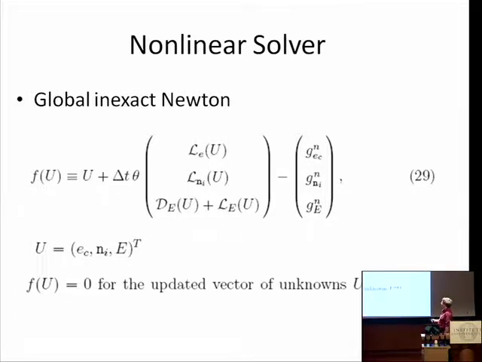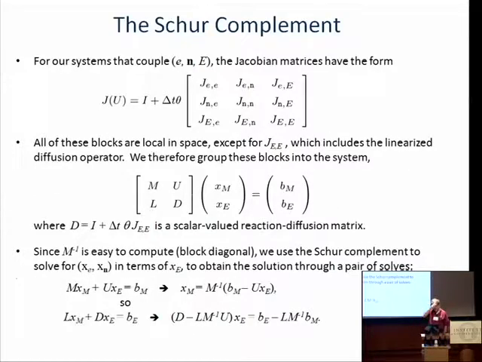So here is the implicit operator, and here all the explicit stuff is in the G's, and we're just looking for a set of u's such that f of u equals 0. And so you do this outer Newton iteration, and that results in a linear system of equations that have to be solved on the inside. Here's the cute part. It's called the Schur complement.